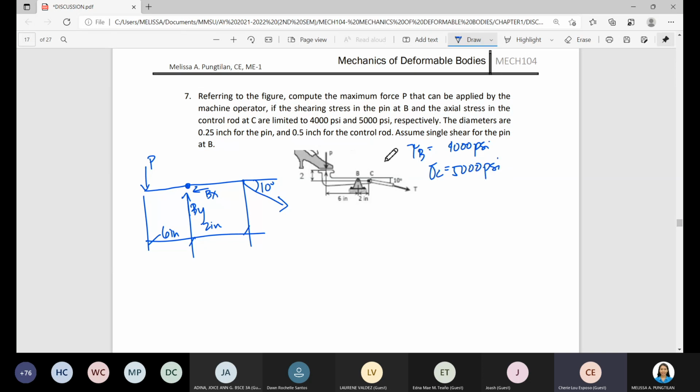The diameters at the pin is 0.25 and 0.5 inches for the control rod. Diameter at B is 0.25. Diameter at C is 0.5. Okay.